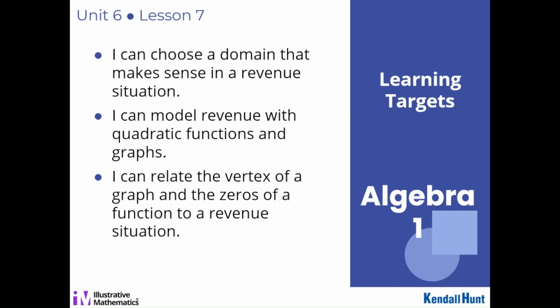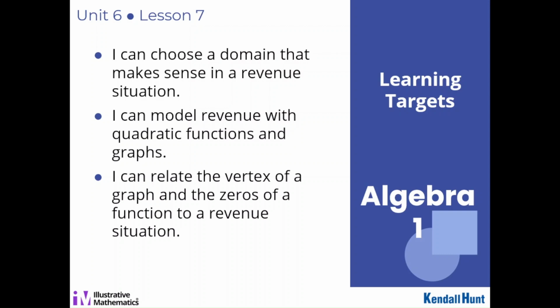And then once you go past that tipping point, then your amount of items starts to come back down until you hit that price point where no one will buy it anymore. So we can see that it can be represented by both the quadratic functions and the graphs that go with it.